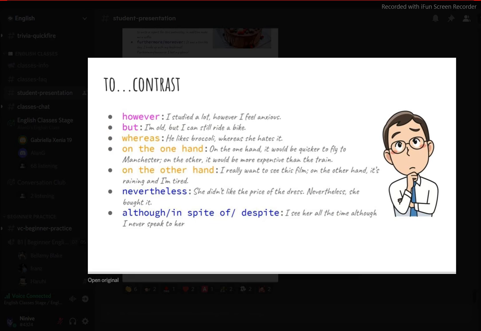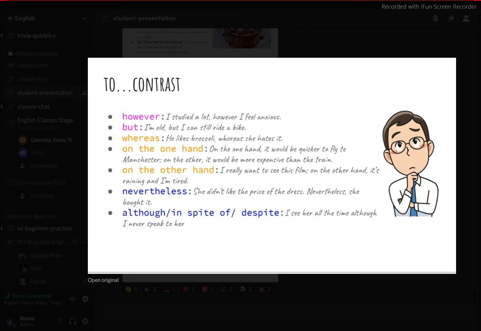So here we have the words however, but, whereas, on the one hand, on the other hand, nevertheless, although, in spite of, and despite. Actually, there's another word which is even though. Well, in this slide, I want to focus on the orange words.